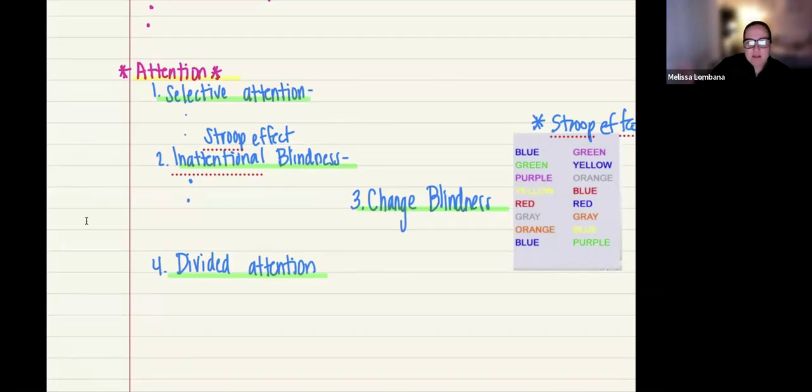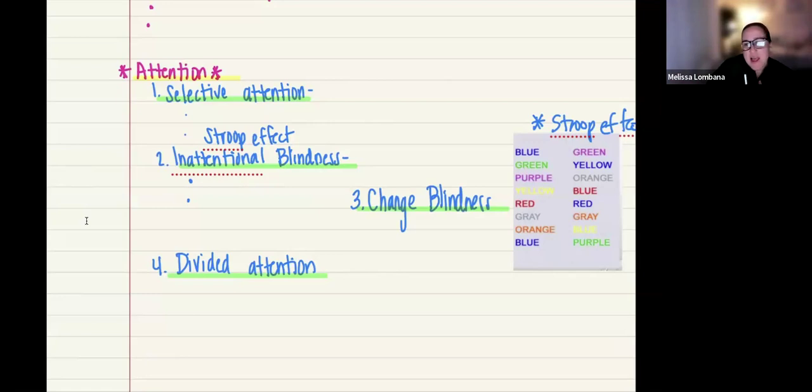Then they asked, did you see the gorilla? And nobody had seen the gorilla because they were counting the basketball. So that's change blindness, but it's also part of inattentional blindness, because you're focusing on one thing and ignoring everything around.